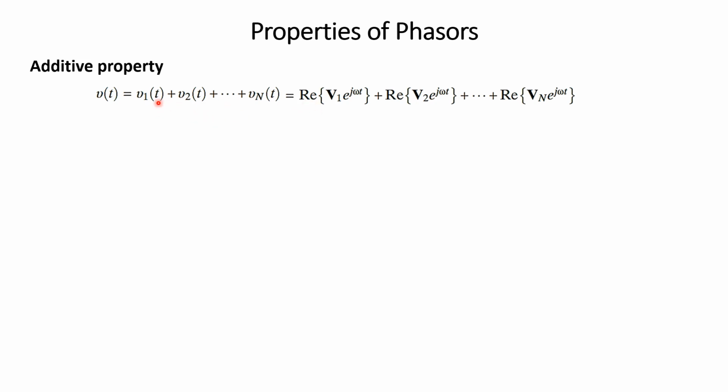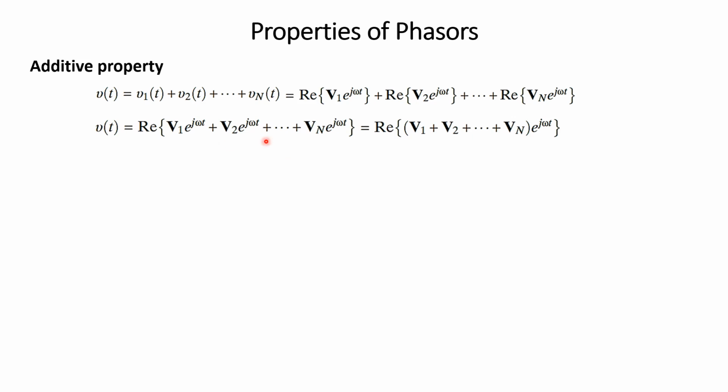So V1 is the real part of V1 e^(j omega t) and so on and so forth, and then e^(j omega t) is common in everything. e^(j omega t) is common, and this is the sum of all the phasors, and therefore the sum of these voltages in phasor form is V1 plus V2 dot dot dot plus Vn.